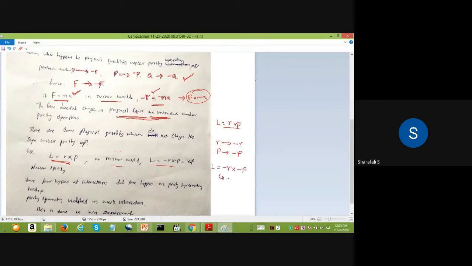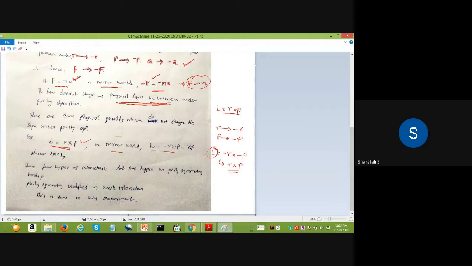That will give you the same result. So angular momentum is invariant under parity operation. So there are some physical quantities which are invariant under parity operation also, and angular momentum is one example of such physical quantities.